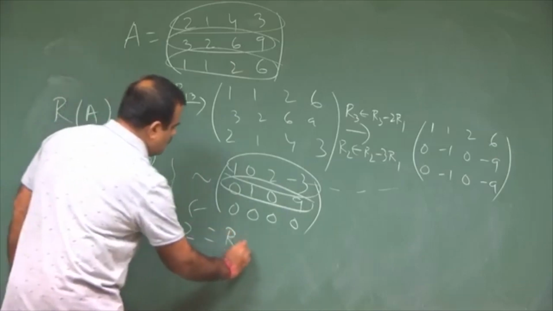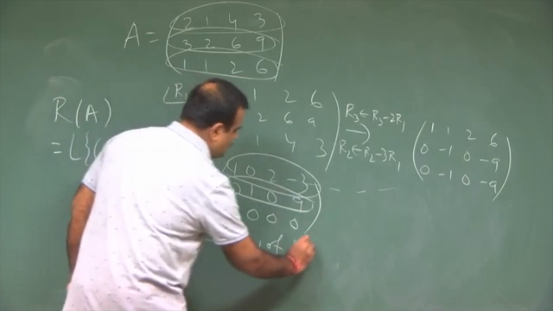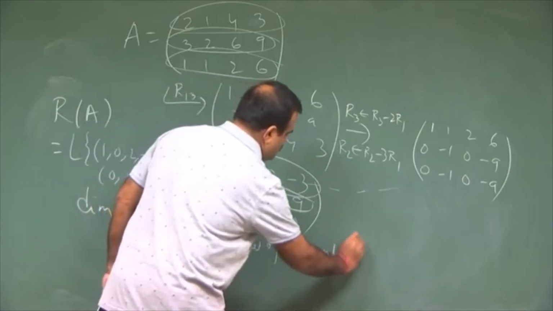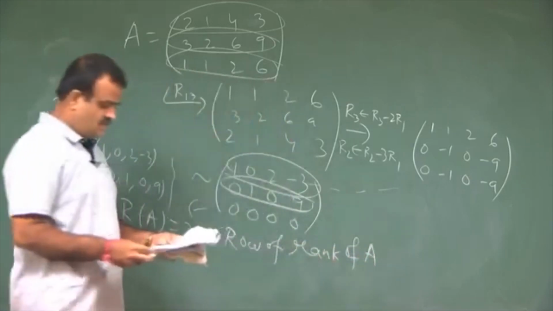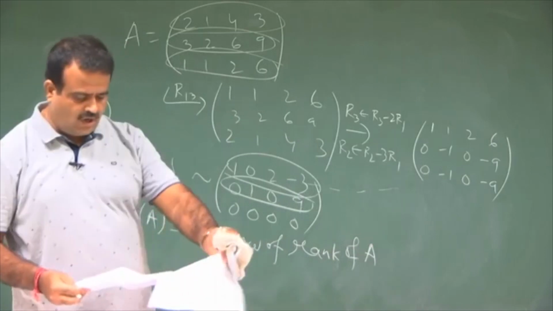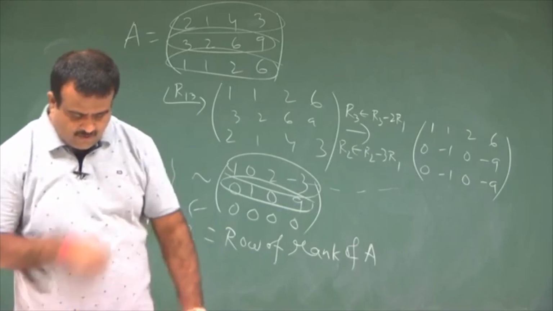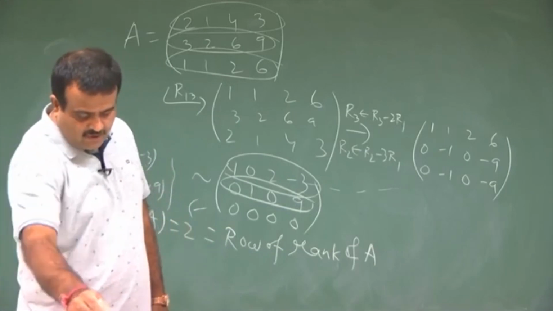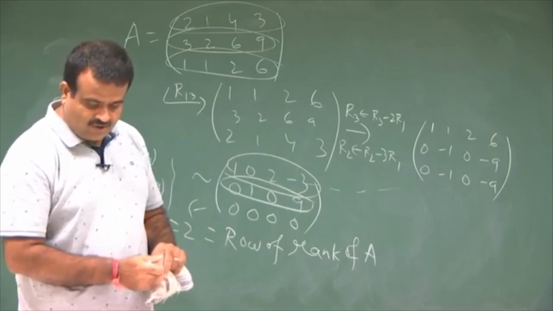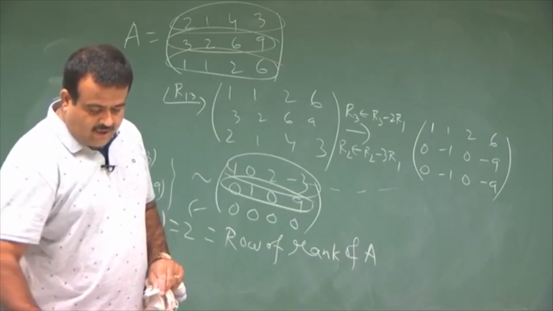This is the row rank of A. So, this way we will get the dimension of the corresponding vector space. Okay.